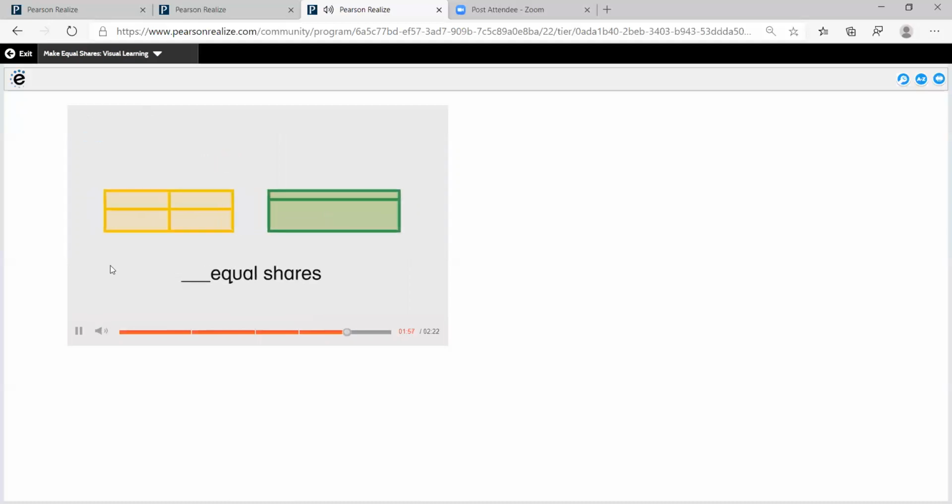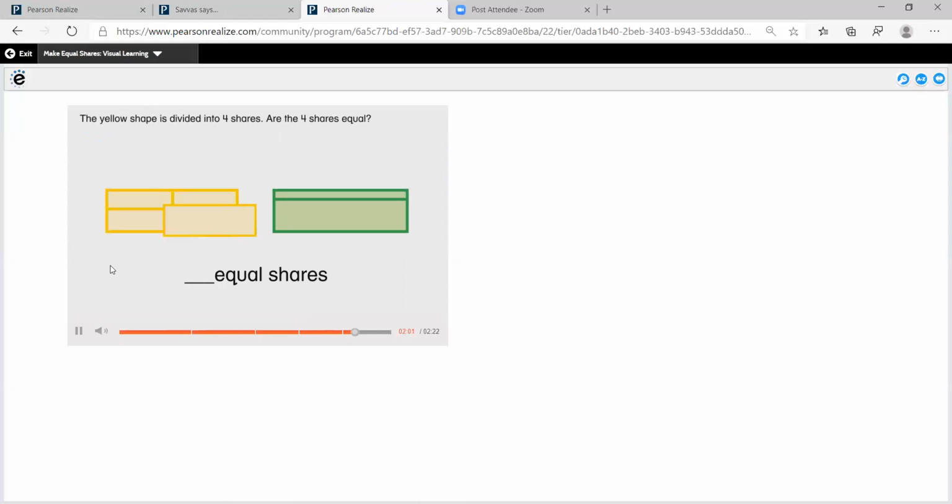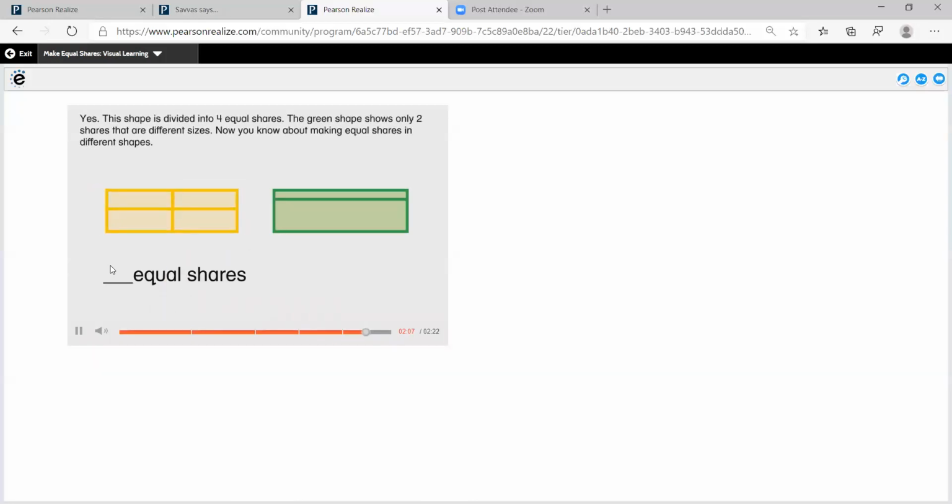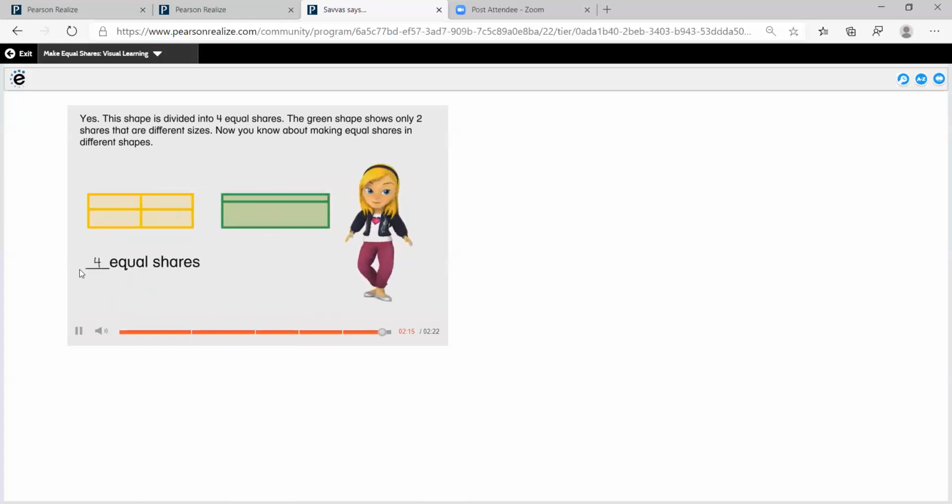The yellow shape has been divided into 4 shares. 1, 2, 3, 4. Are the 4 shares equal? Yes. This shape is divided into 4 equal shares. The green shape shows only 2 shares that are different sizes. Now you know about making equal shares in different shapes.